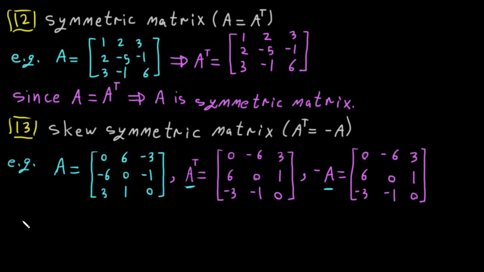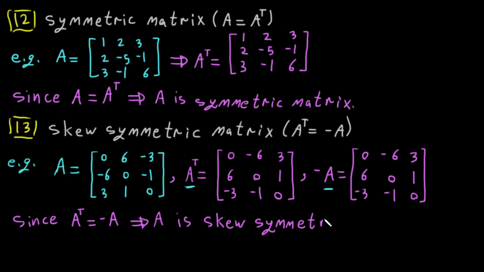So since this matrix equals this matrix, then it is a skew symmetric matrix. Since A transpose equals the negative of A, then this A is a skew symmetric matrix.